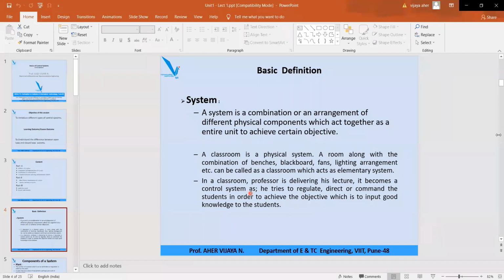In a classroom, the professor delivering her lecture becomes a control system. He or she tries to regulate, direct, or command the students in order to achieve the objective, which is to transfer good knowledge of control system to the students. So with an example, I have explained about system.